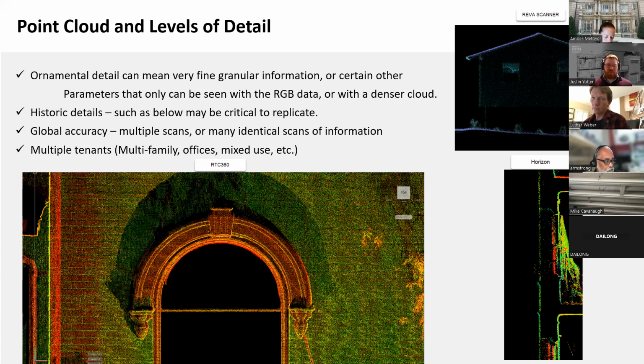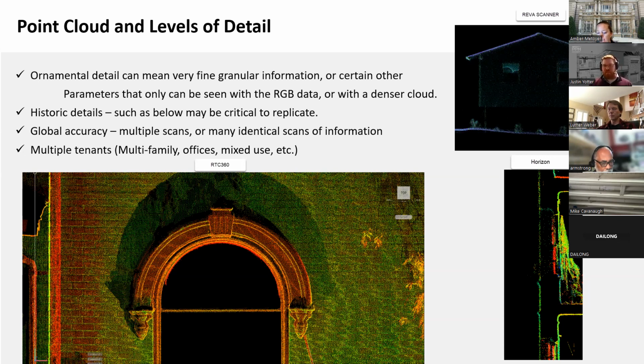Global accuracy comes into play a lot with the larger and more complex projects. If you have multiple tenant spaces or condo units, et cetera, that you're scanning, the RTC and other terrestrial scanners register that and allow the global accuracy to be more accurate.